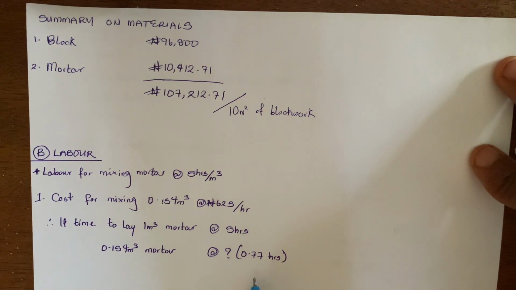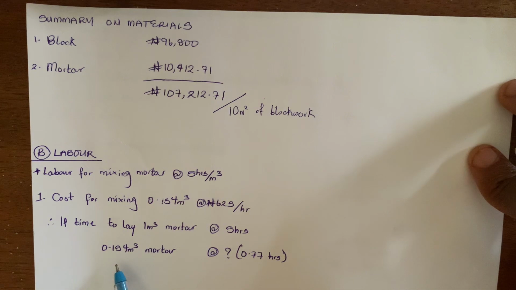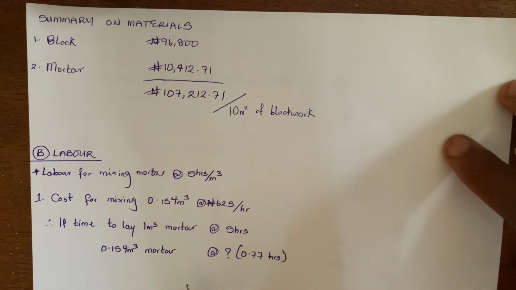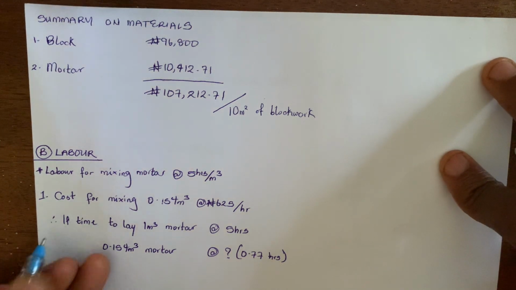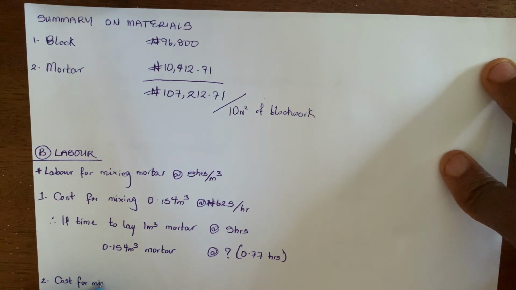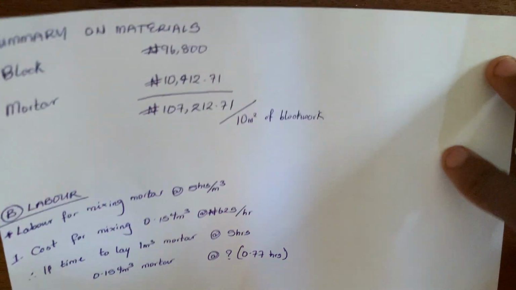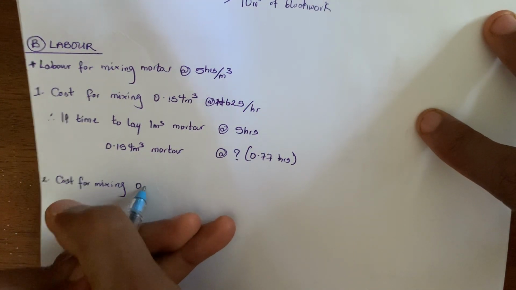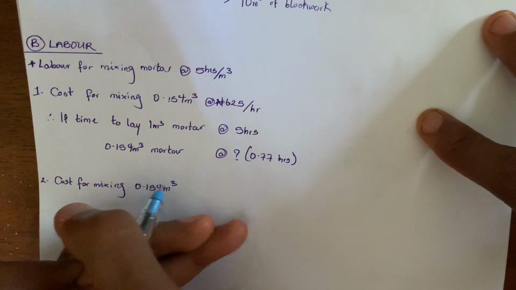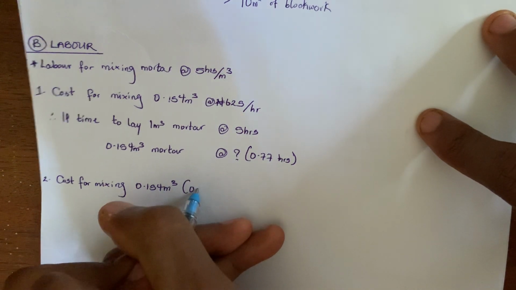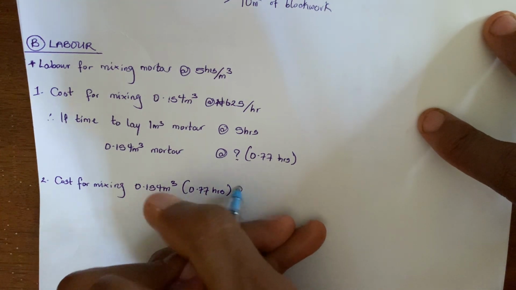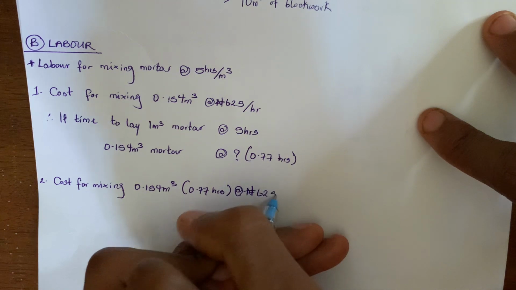So now after we've gotten the time to mix the amount of mortar that it will take us to lay 10 meters square of blockwork, we can now cost for it. So you can now say cost for mixing 0.154 meter cube at 0.77 hours at 625 naira per hour.